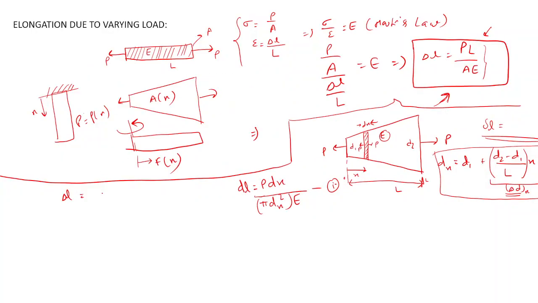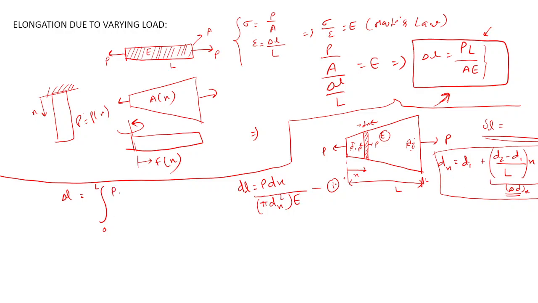So we will integrate this from 0 to L. In order to keep it simple, d2 minus d1 by L, d2, d1, L are all constants here, right? Because these are not going to change for a given question. So to keep it simple in writing, we will make this a constant k.